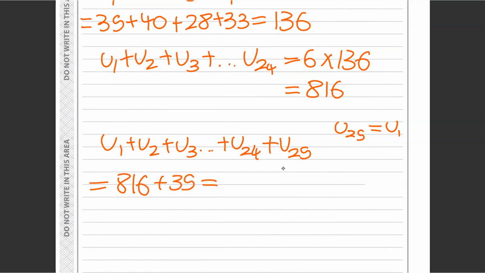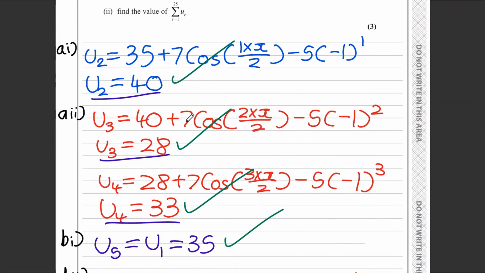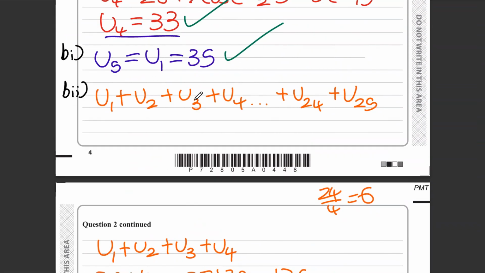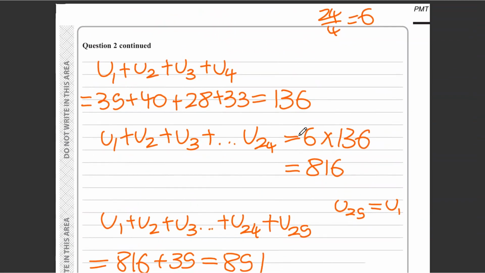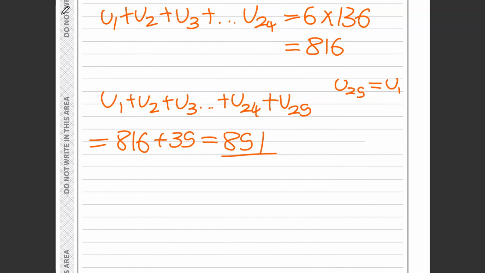So it's going to be 816 plus 35, which if you put this into your calculator is equal to 851. So this is the answer to this sigma here. U1 plus U2 plus U3 all the way up to U25 is 851.